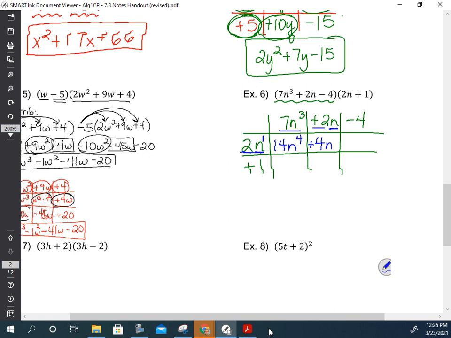times n is n squared. Remember, you add the exponents. For some of you, you may need to put that 1 up there as the reminder. Remember, n means n to the first. 2n times negative 4, negative 8n.